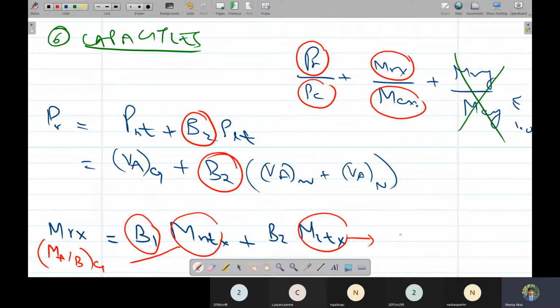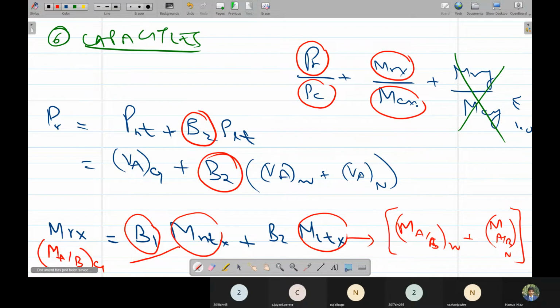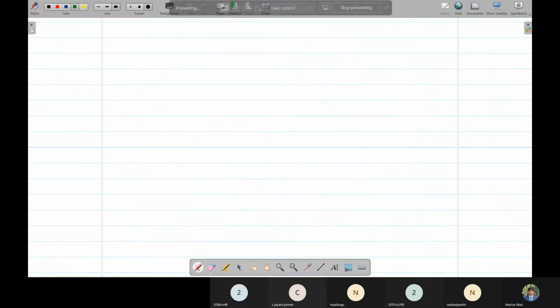MLT is the sum of the moments, whichever of MA or MB is larger, from wind load plus motion, with sign consideration. We sum them and multiply by B2, and multiply the gravity moment by B1 and sum them, and we'll get MR. These were applied loads, PR and MR. These refer to applied loads. PC and MC are our capacities, the capacity of our section.